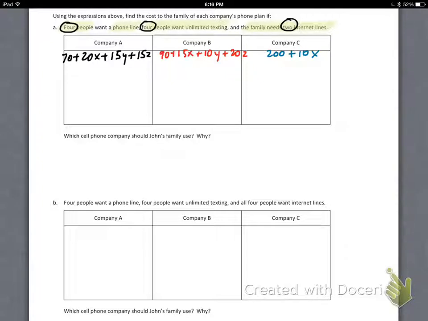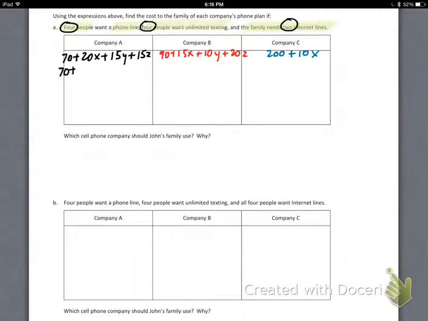Now we're going to analyze what each company would be charging for these services. I'm going to do company A. It's all a matter of plugging in numbers for our unknowns, our variables. With company A, of course, we're going to bring down the 70 because that's always going to stay the same.